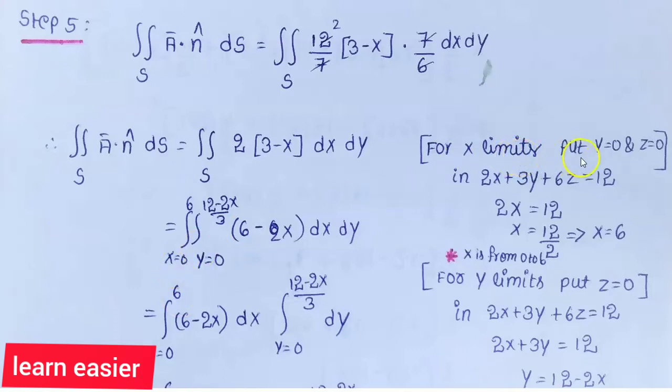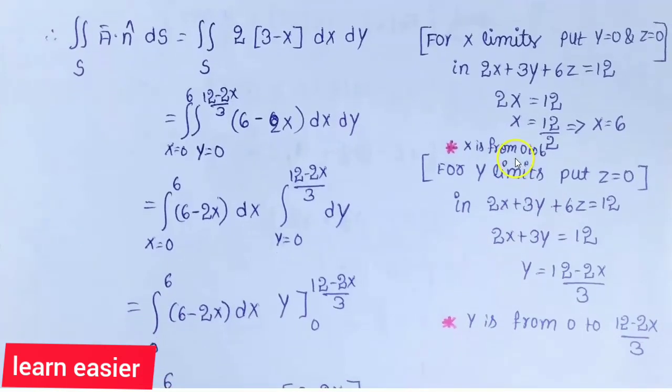The upper limit can be found by putting y equal to 0 and z equal to 0 in equation 5. Equation 5 is 2x plus 3y plus 6z equal to 12. Substituting y equal to 0 and z equal to 0, we get 2x equal to 12, and x is 12 by 2, which is 6. So the upper limit of x is 6, so x is from 0 to 6.